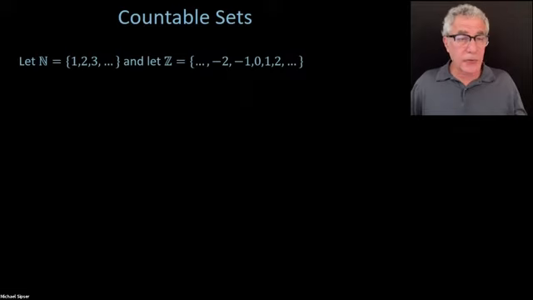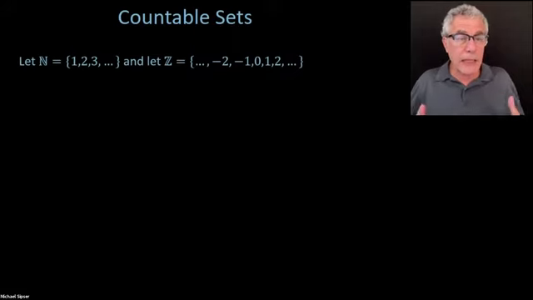The natural numbers are typically referred to as N, the integers are typically referred to as Z, and what do we think of the relative sizes of N and Z? Well, N is a proper subset of Z. So you might, at first glance, think that Z is larger, and they're not really going to be of the same size.